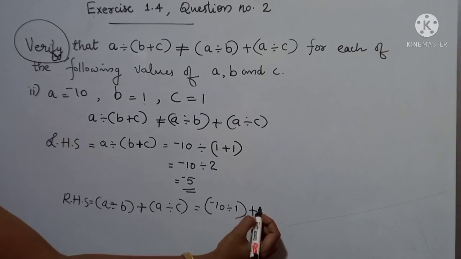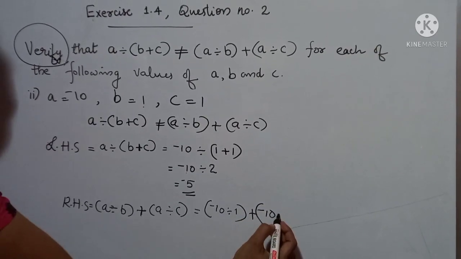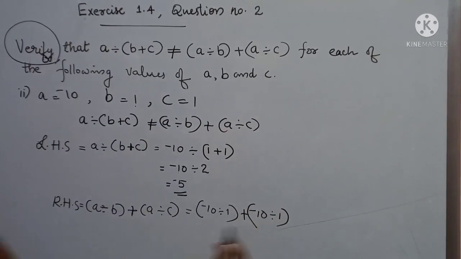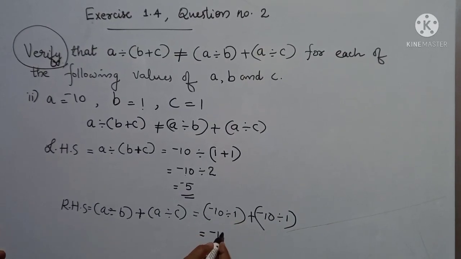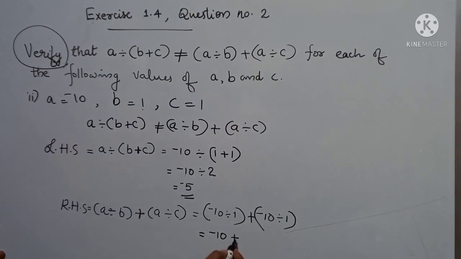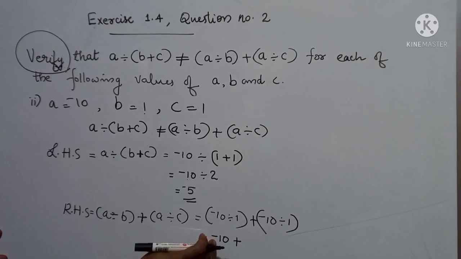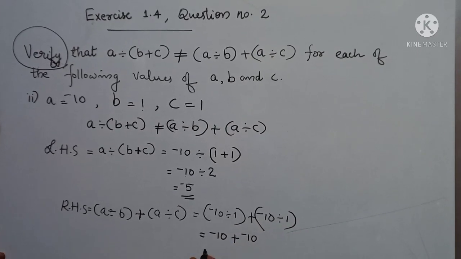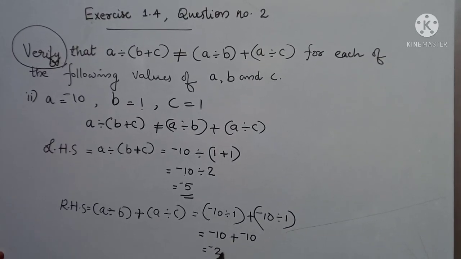A is equal to minus 10. Then divided by c, the value given is 1. Put that 1 here. That is equal to minus 10 divided by 1, which is minus 10 itself. Plus. Here minus 10 is negative, 1 is positive, so the answer should be negative. Minus 10 plus minus 10 divided by 1 is again minus 10. What is minus 10 plus minus 10? That is equal to minus 20.